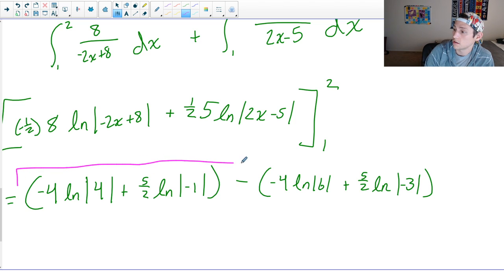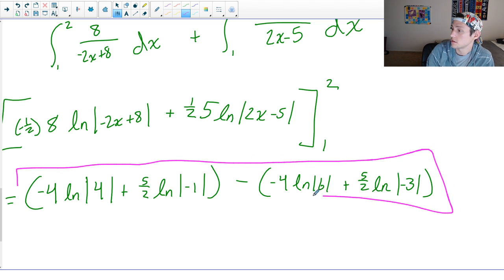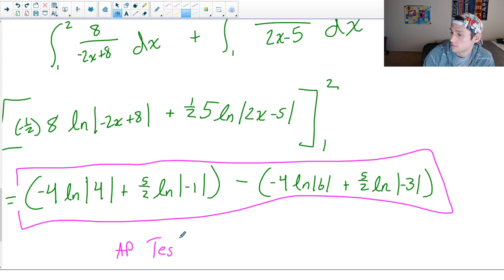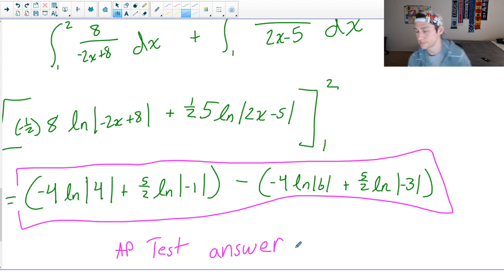And again, while this is very gross, this should be your AP test answer. I would not go through and try to simplify. Okay, you could, but I wouldn't recommend it.